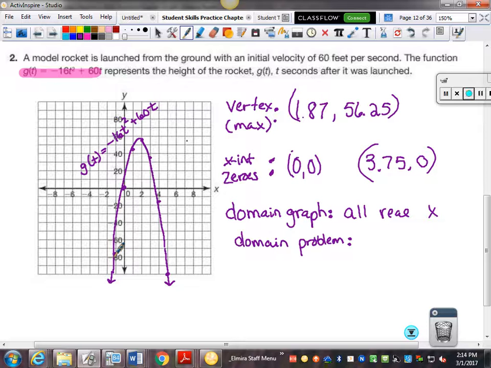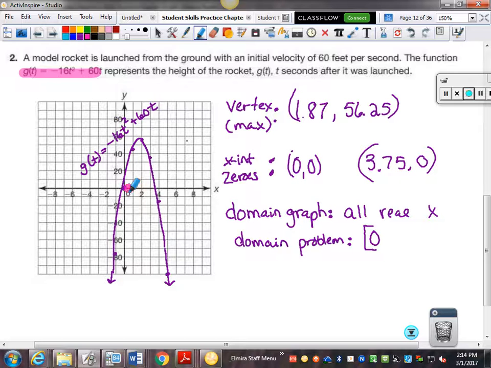But we know that that's not true. Prior to the launch, the rocket is sitting on the ground. We're not measuring time at that point. We're really only interested in positive time. So the domain of the problem starts at 0, from the moment we launch the rocket.